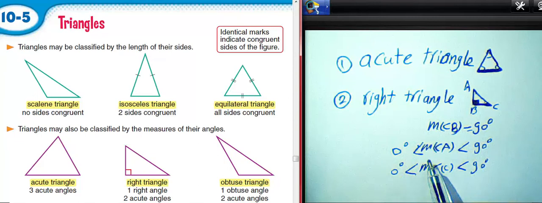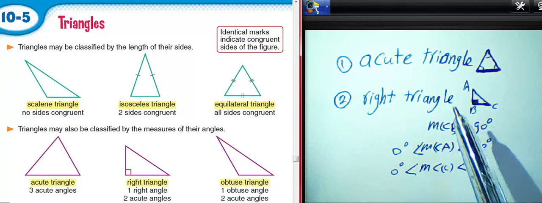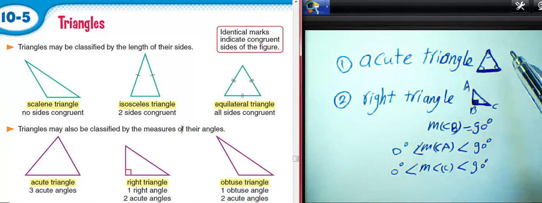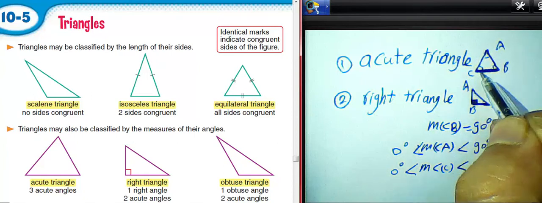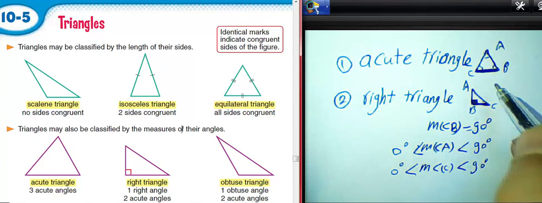Okay, it's acute angle. In any triangle we have at least two acute angles. Okay, an acute triangle has three, in ABC the measure of them less than 90 degrees, more than 0.